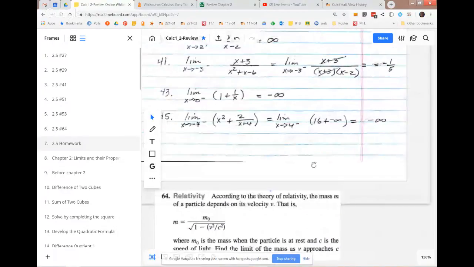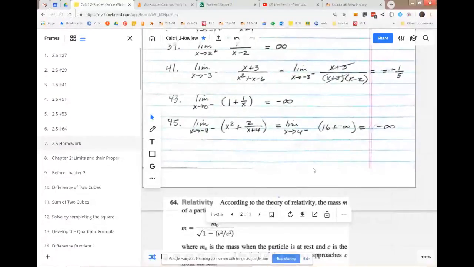The limit of x squared plus 2x plus 2 over x plus 4, the limit of that as x approaches negative 4 from the left. Negative 4 from the left, or is it positive 4? Could somebody check? Negative 4. Okay, it looks like I didn't write that over here. But anyway, as x approaches negative 4 from the left, that means it's like negative 4.1.